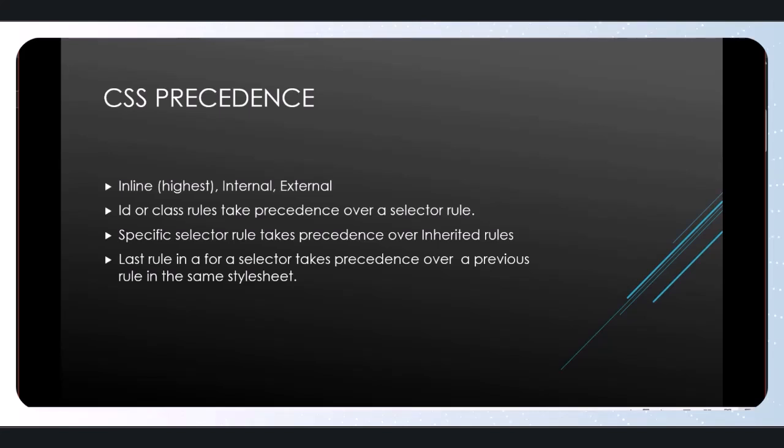So if we first said H2 would be red, and then later on we said it's going to be blue, then the last one would win in that case. That's just a few examples there. So it's just something to be aware of, that there are different precedence rules.